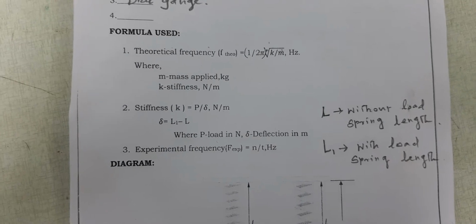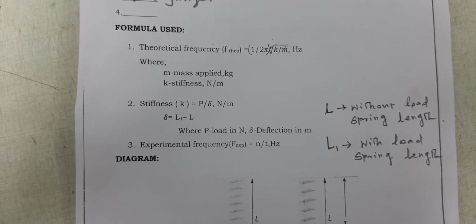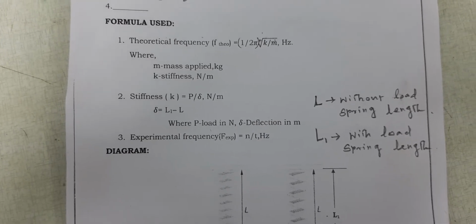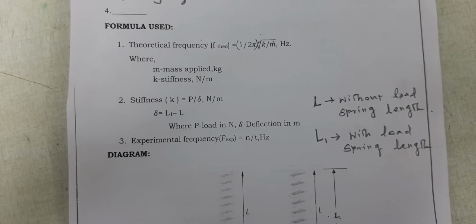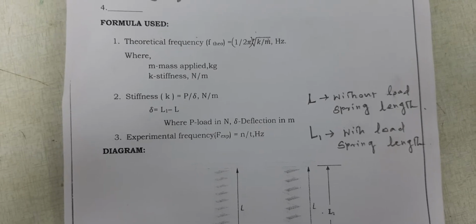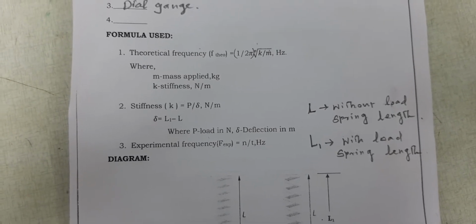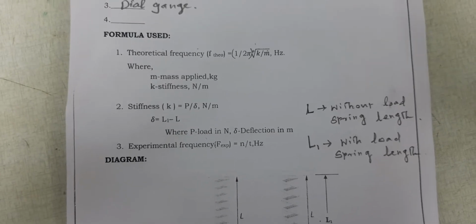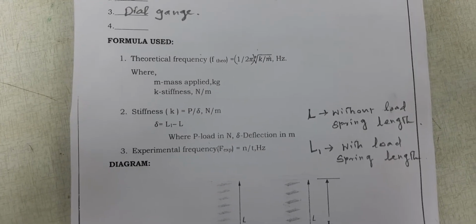Now we are going to discuss the formulas we are going to use in this experiment. First one is theoretical frequency is equal to 1 by 2 pi into square root of k by m. Unit is hertz, where m is applied mass, k is the stiffness of the spring, mass unit is kilogram, stiffness unit is Newton per meter.